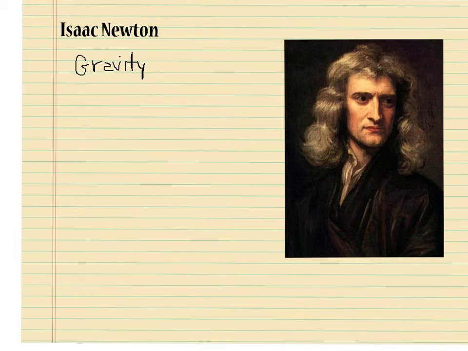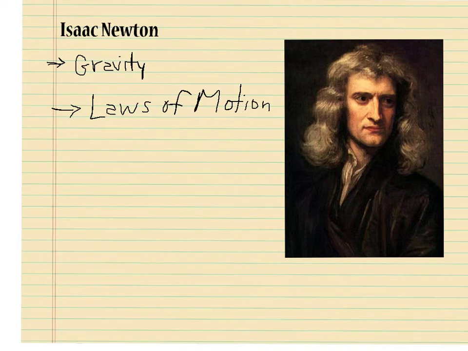But when he was a child, that was something that fascinated him, and he continued to pursue it. And he came up with this law of gravity. But he also came up with the first, second, and third laws of motion, which really are still used today. NASA uses these because they're spot on accurate.